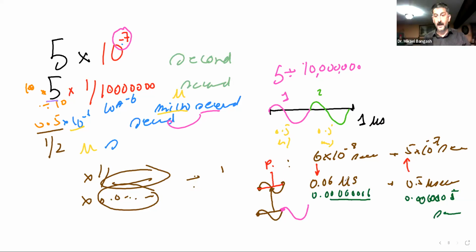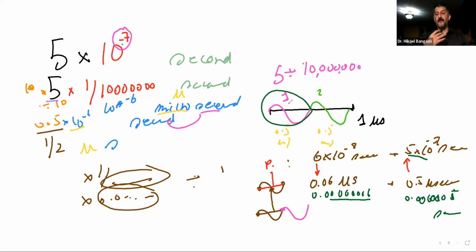But you can convert these micros into millis, or even, if you want, into nanos. But the longest period that it will take for one cycle to complete, when we talk about an ultrasound wave, is going to be half of a microsecond.